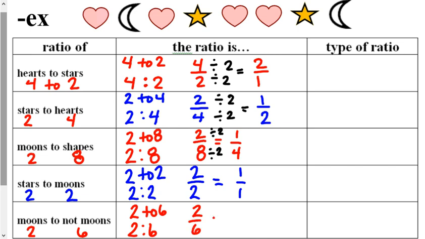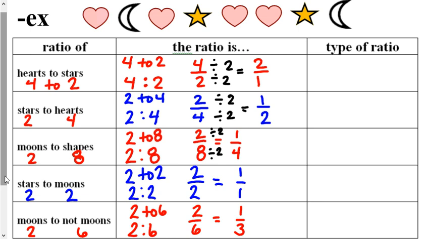And that 2 to 6 would simplify to a ratio of 1 to 3. That means for every 1 moon, there are 3 shapes that are not moons. And for our 2 moons, there are 6 shapes that are not moons.